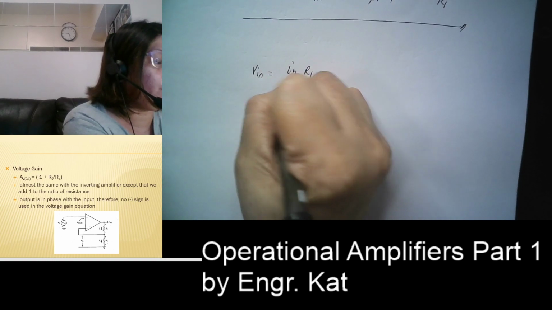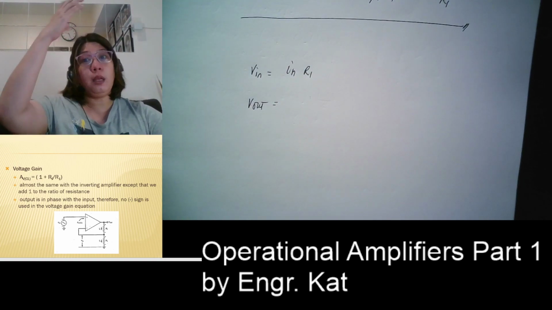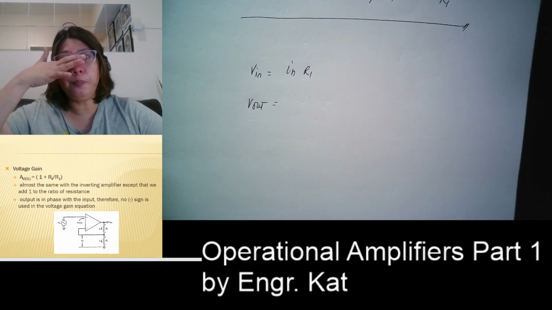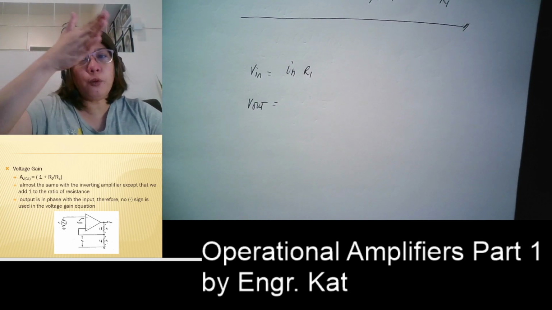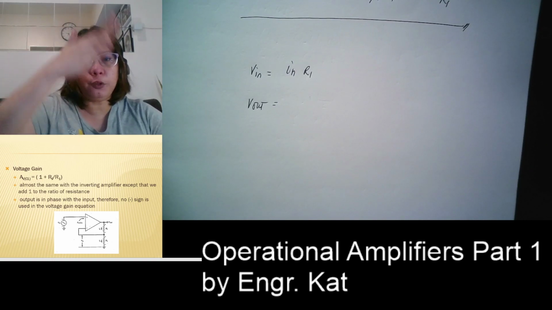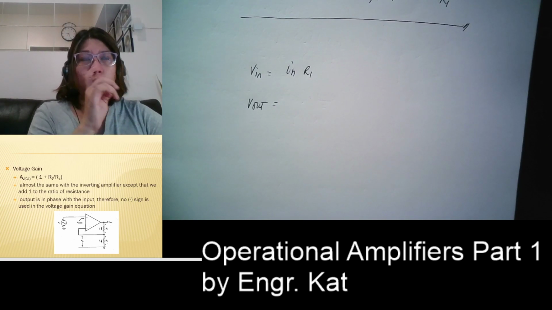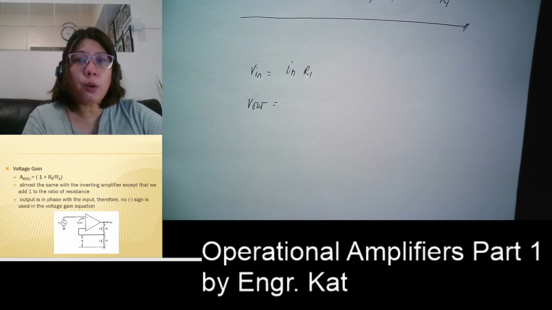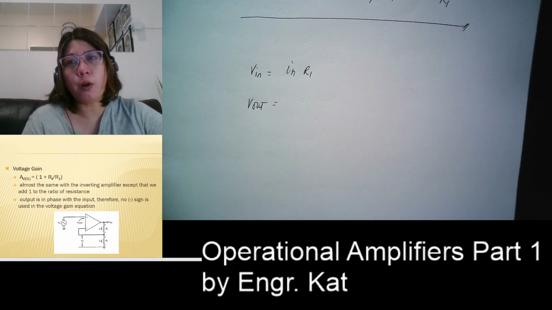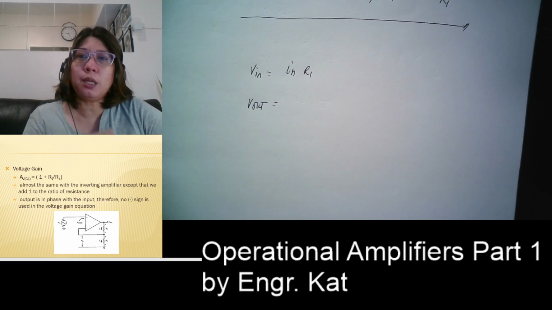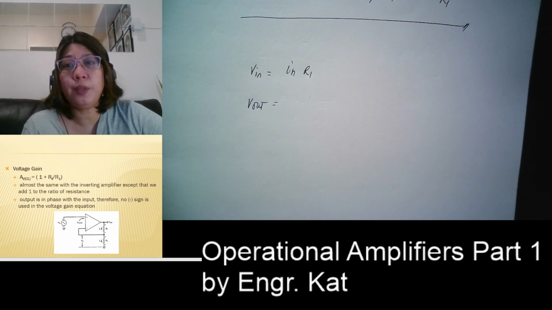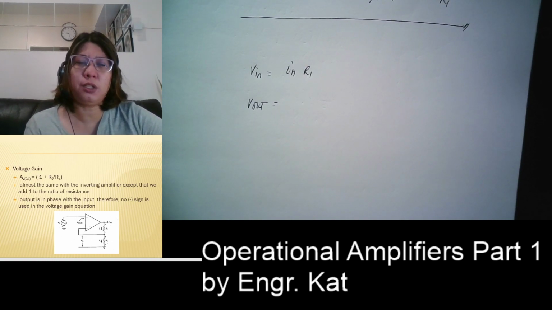Our output is placed between, of course, the output terminal, so that is the whole voltage from RF to the ground, which is equivalent to your R1. And since the same current flows across RF and your R1, that just shows that RF and R1 are in series, because I in there is just equal.